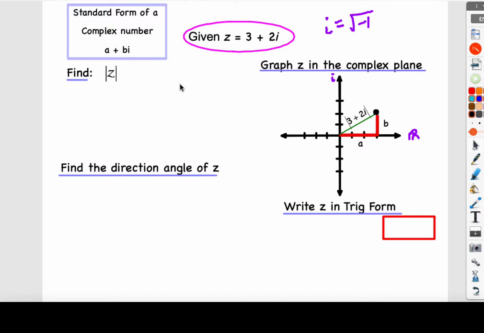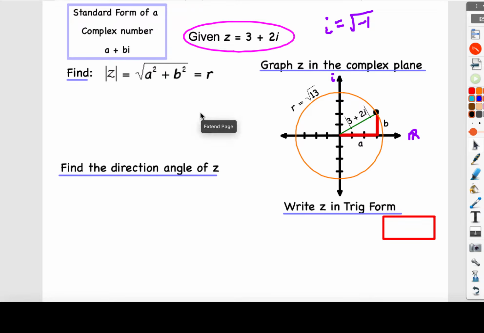Again, its absolute value would be the distance, and in order to get that distance, basically it's just a right triangle, so we can just say a squared plus b squared should equal our c squared, or basically our absolute value of z here, z being our complex number. And that's going to represent r for us very simply, if we think of that as a radius, right?